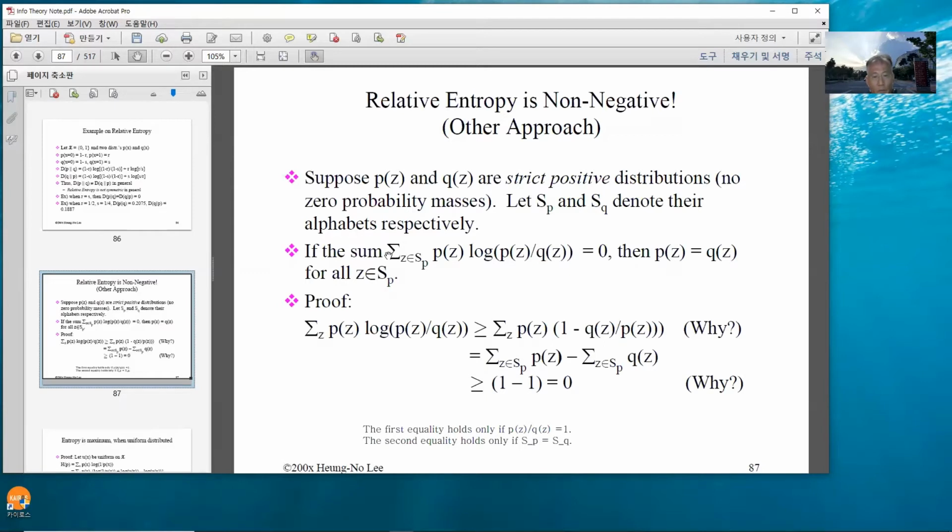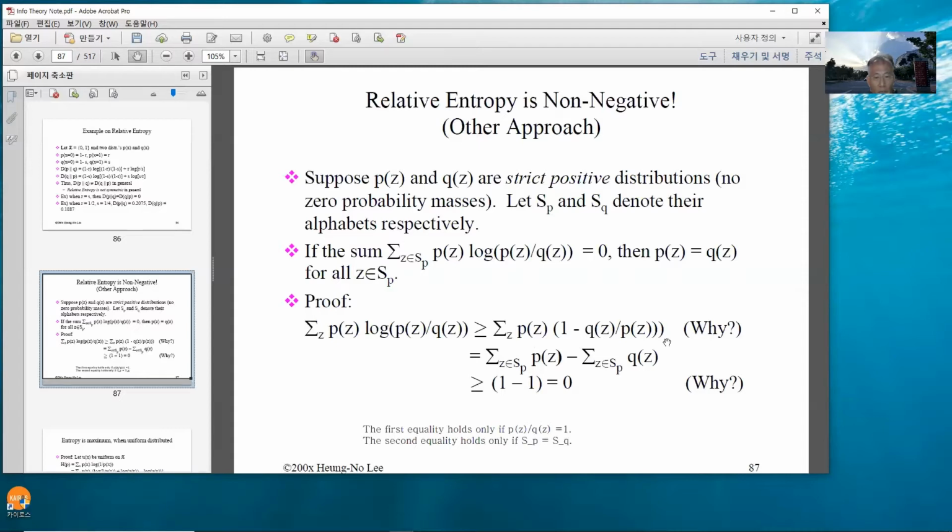So if the sum is equal to 0, then it has to be that the two distributions are the same. Okay, this can be seen also from this proof. The proof here is that the relative entropy of P and Q, by definition, is lower bounded by this expression right here.